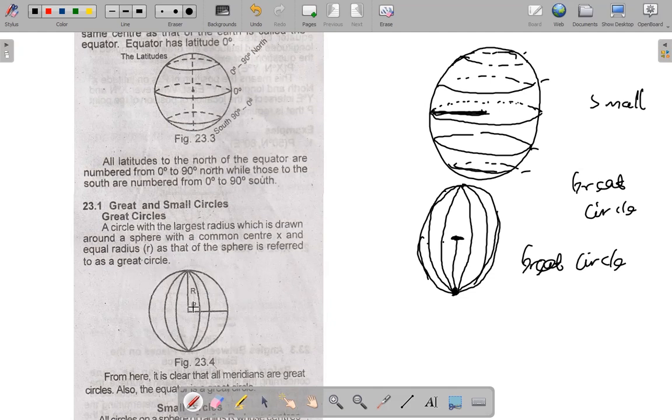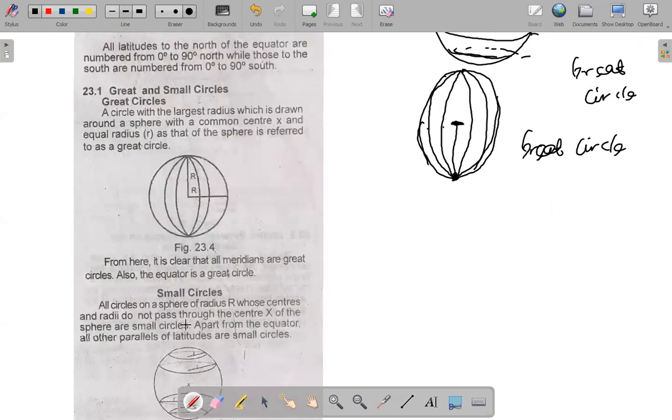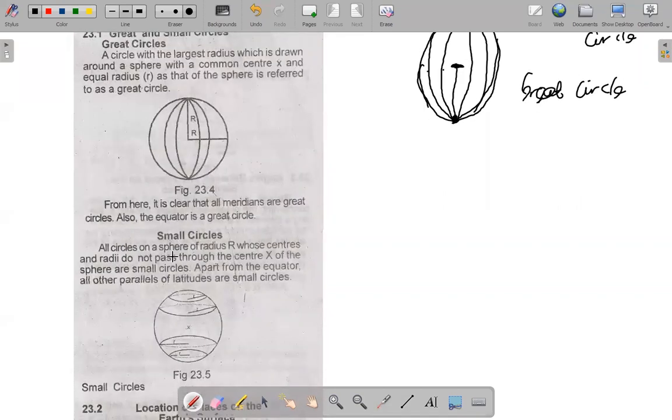However, all of them have equal radius, so we can see them as great circles. So from here it is clear that all meridians are great circles, whereas when we talk about latitude, the equator only is a great circle.